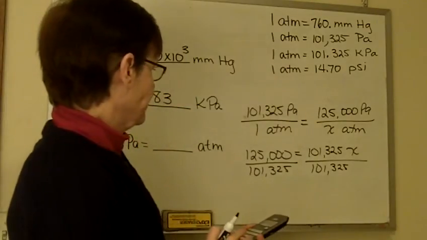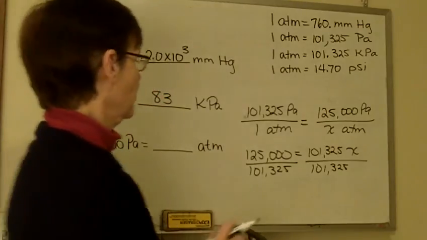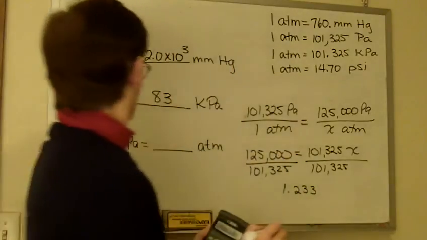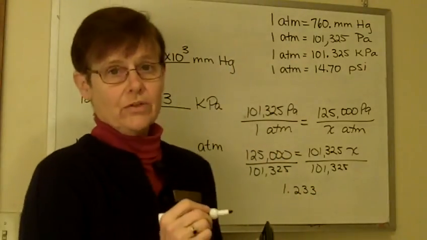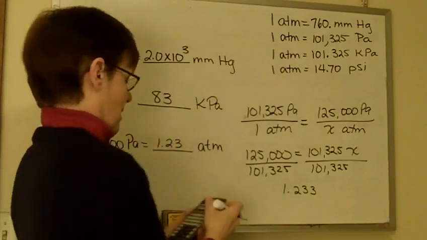All right. So this should be 1.233. And over here I've got 3 significant figures, so that becomes 1.23. And that's my final answer.